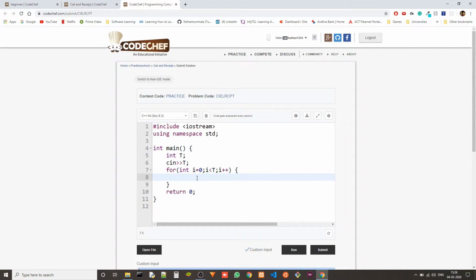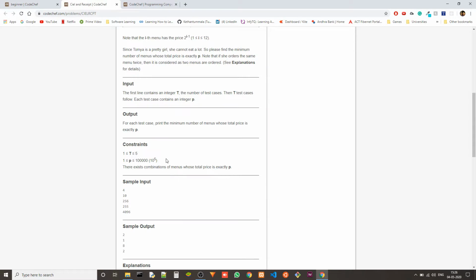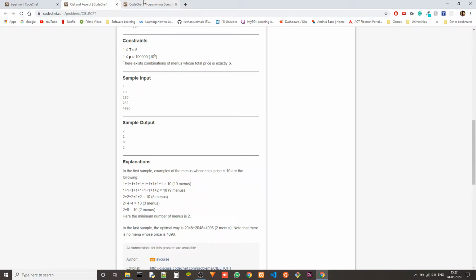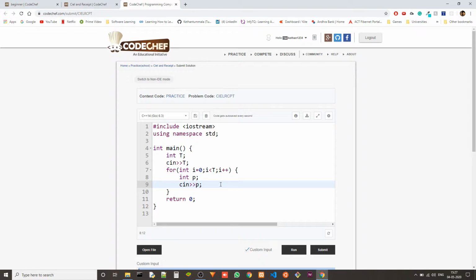Now we are inside the test case loop. Let's define another integer p, which is the price for this test case that has to be met. Now I'm going to do something. Just bear with me until I complete the code, then I'll explain it to you, and that will be clear.